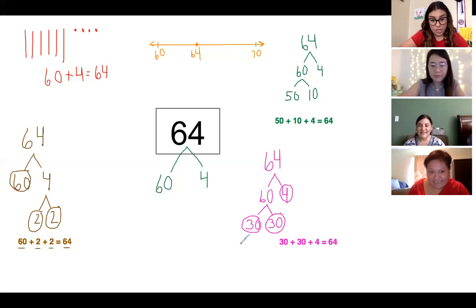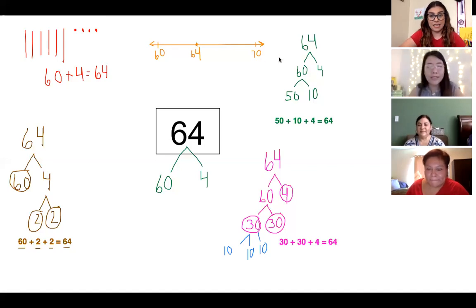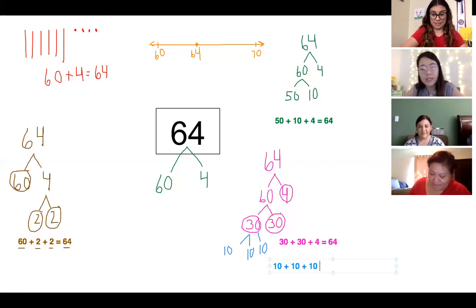And then she showed 10, because 30 is made up of 3 10s. So 10, 10, 10. And so how would we write that number sentence, Miss T? I would write 10 plus 10 plus 10 plus 30 plus 4 equals 64.